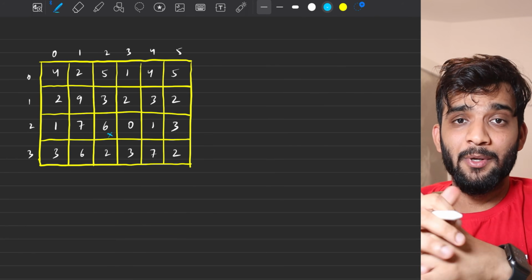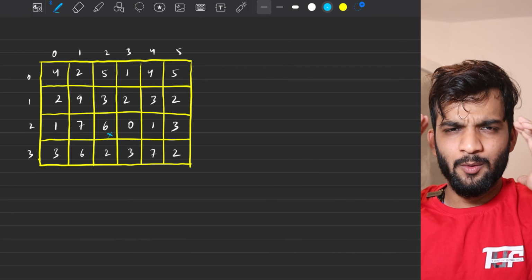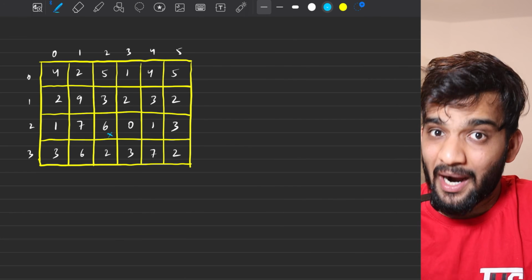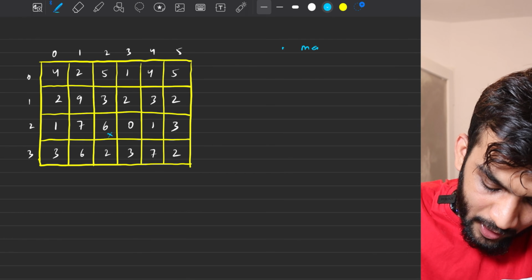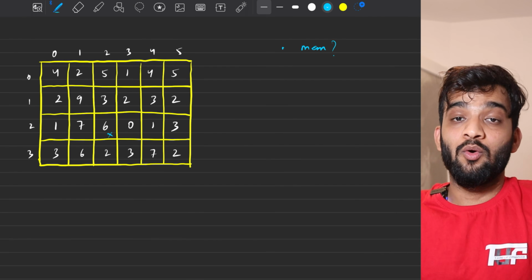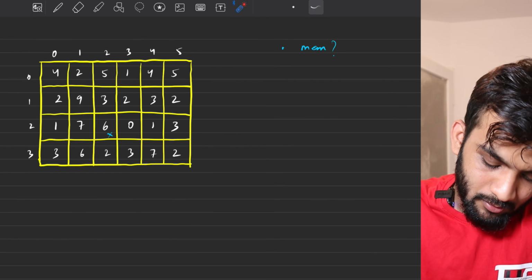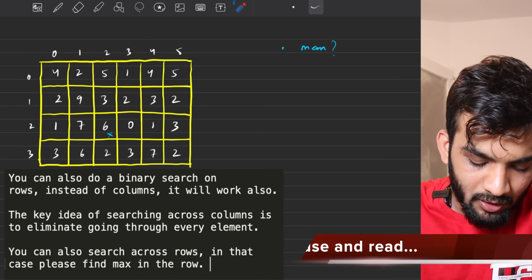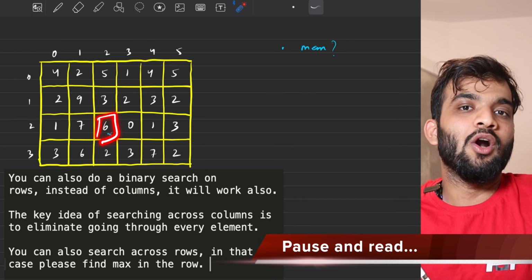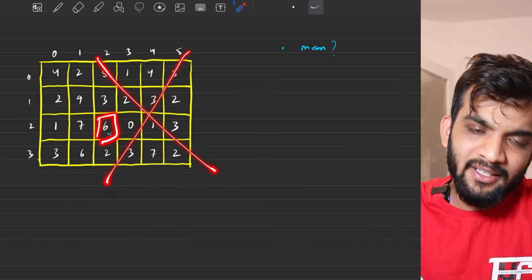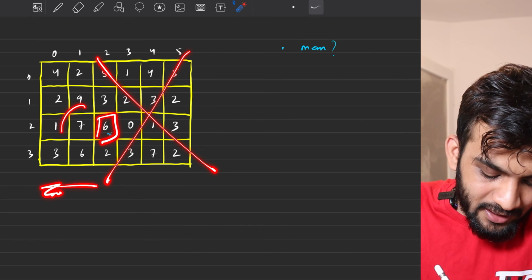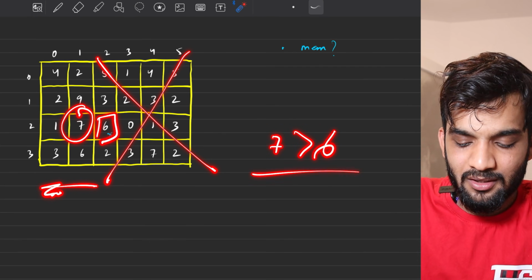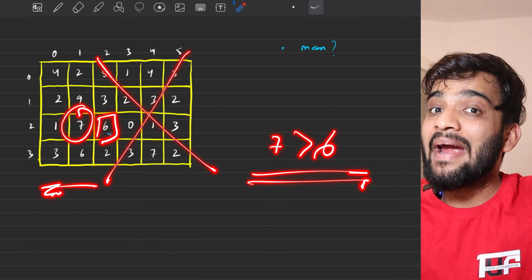So part 1 was simple because it was a 1D array. It was easy to visualize. In part 2, you might have a couple of questions. The first one is, why are we taking the max element? And the second one might be: you said 6 is not the peak element, and you eliminated the right half and moved left on the basis that 7 is greater than 6, thinking that 7 might be your peak.